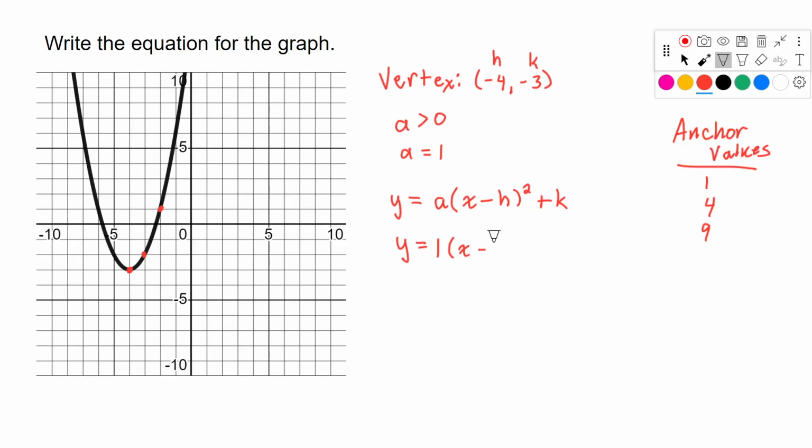Now the minus -4 actually becomes plus 4, squared. And the plus -3 could just be written as -3. So just to clean this up a little, my equation is y equals (x plus 4) squared minus 3.